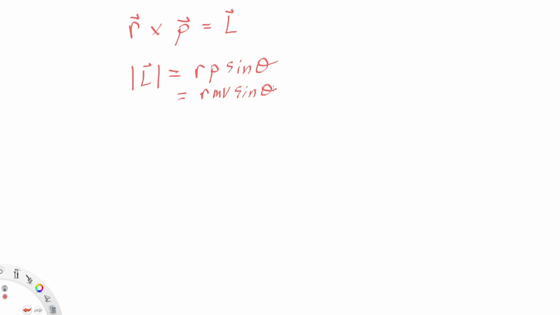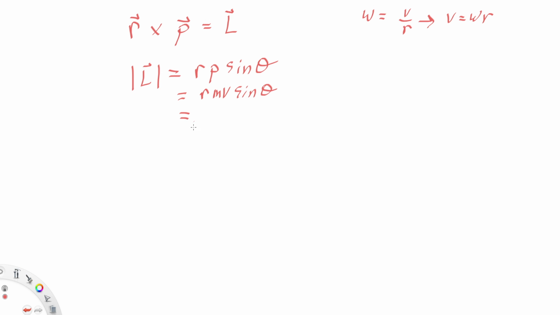And since we kind of want to go into rotational coordinates, that's what motivated this whole thing here. Instead of v, let's use the angular version. So then v equals omega times r.